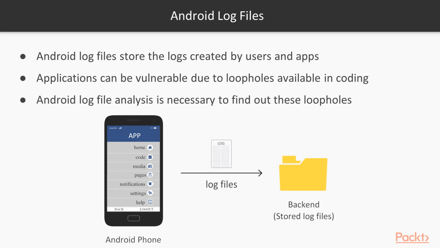So here, this is the place where you can find all the logs, all the activities of the user, right? So that's why if you want to find some secret information, or if you want to know about the user, how it works, then you can analyze the Android log files, because it contains all the logs created by the user and Android machine.